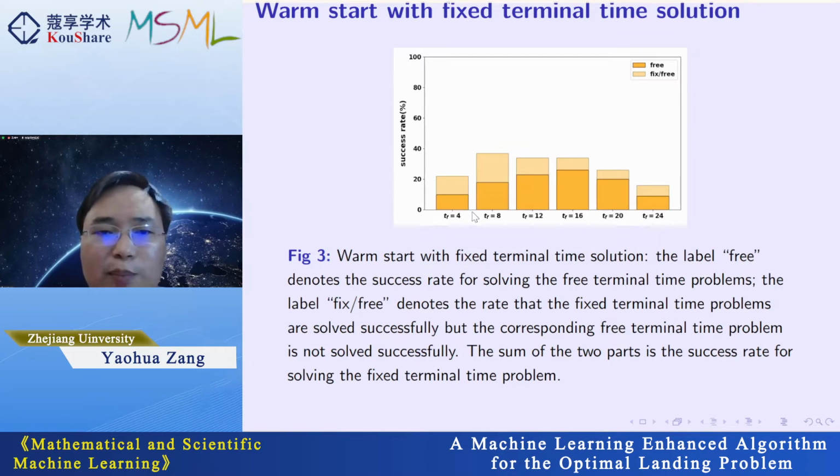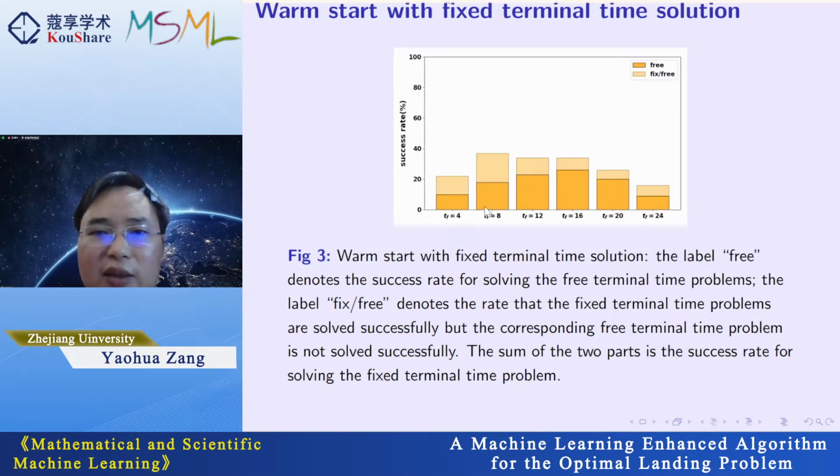In this figure, the bar in dark color indicates the success rate for solving the free terminal time problem, and the dot in light color indicates the success rate for cases where the fixed time problem is solved but the free terminal time problem failed. So the sum of these two parts is the success rate of solving the fixed terminal time problem.